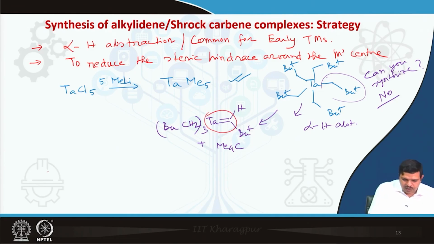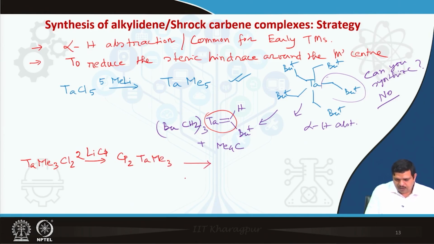Similarly, if you start from tantalum Me3, that is trimethyl, and dichloro, and react with 2 equivalents of LiCp, you will get this one, and then you can synthesize it.